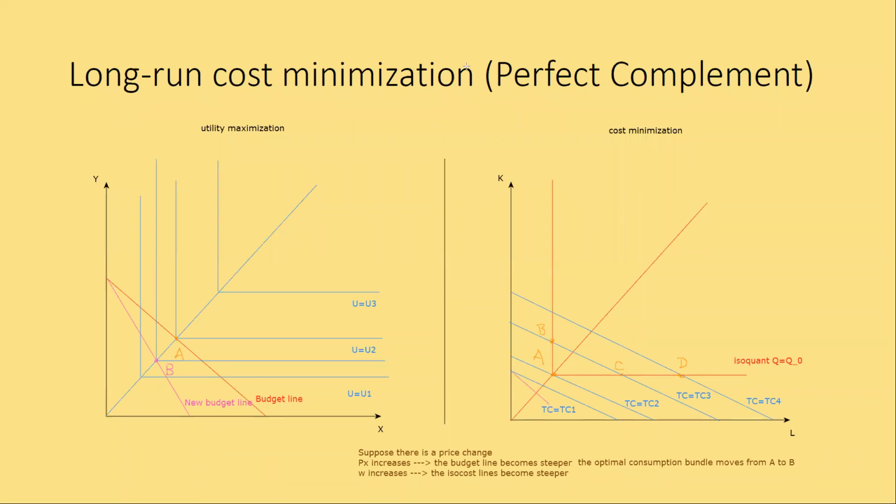So when the wage rate increases, I'm still drawing the TC curve for TC1, TC2, TC3, and TC4, all right?